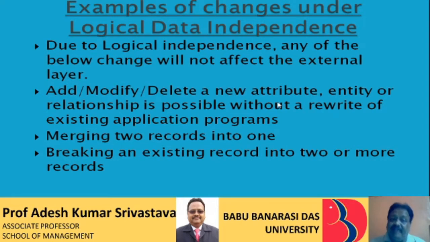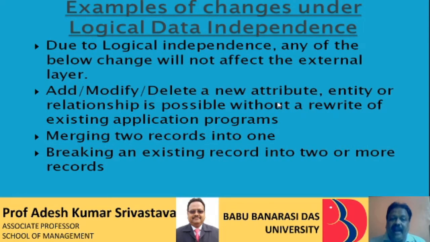If we have this liberty, then we can say that logical data independence is present. And suppose we merge two records into one, or break an existing record into two or more records, it should also not affect the external layer. Means the view level should not be changed by these changes.